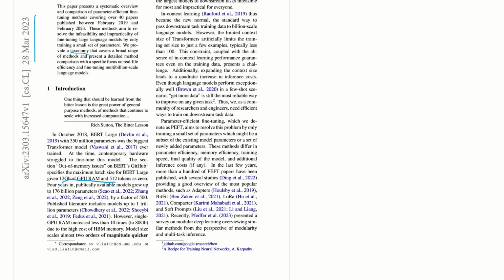The basic idea of parameter efficient fine tuning is that rather than optimizing all the parameters of the model, if you only optimize a very small subset, and typically this is much less than 1% of the parameters, then the amount of GPU memory that you need ends up being significantly smaller, thereby making it practical to fine tune much bigger models on lower end GPUs.